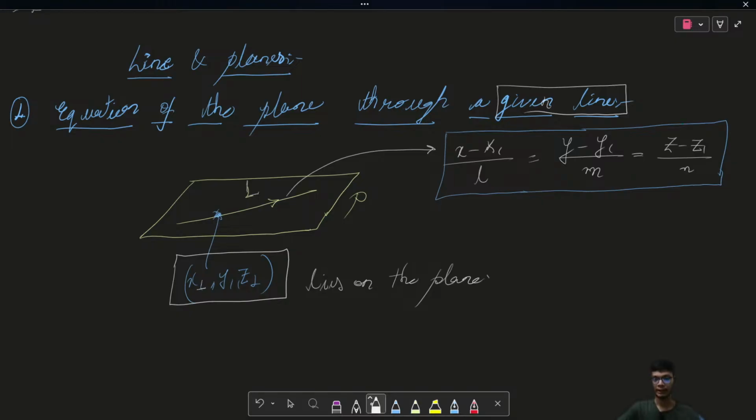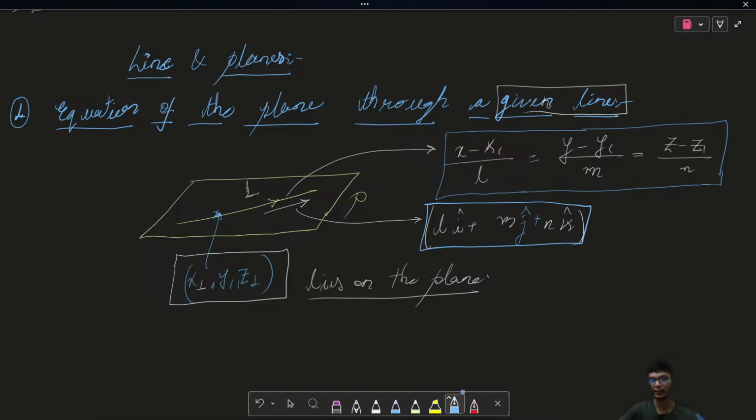Also I know the direction ratio vector of the line, which is a vector lying in the plane. This particular vector can be given as l i cap plus m j cap plus n k cap. So this is the vector which is lying on the plane.